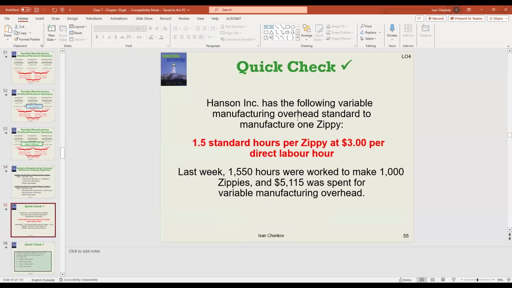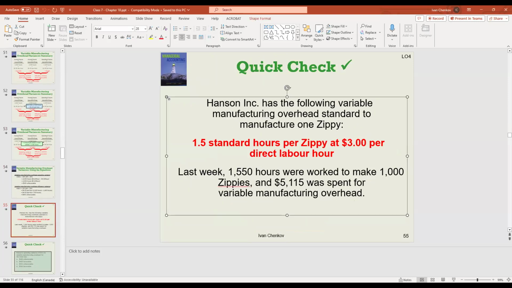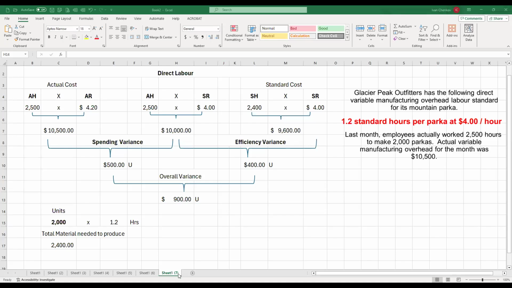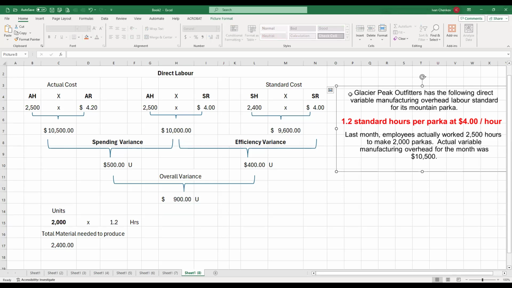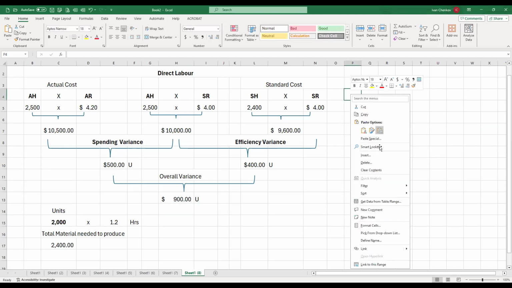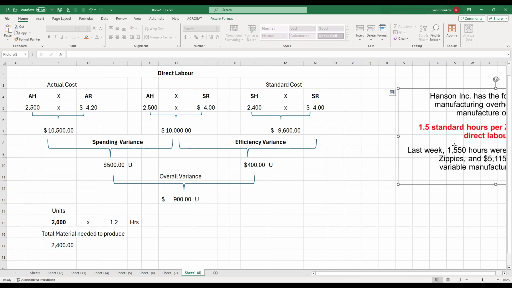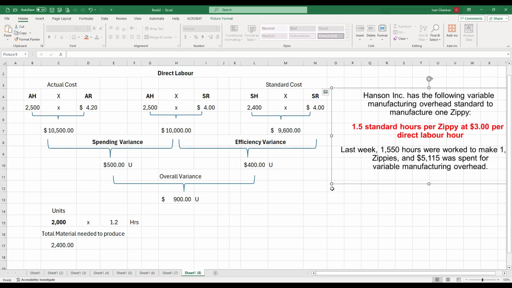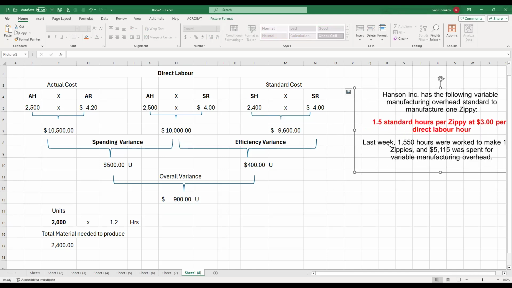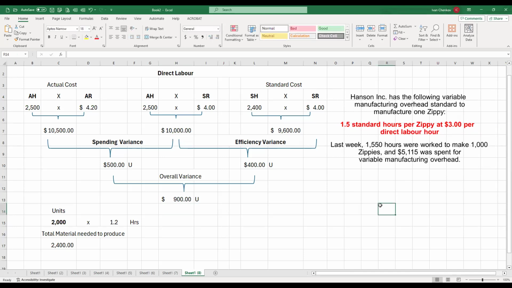Let's do the problem one more time for this variable manufacturing overhead, and we're gonna stop after that, because repetition is good for understanding, but too much repetition is not very good for your brain.